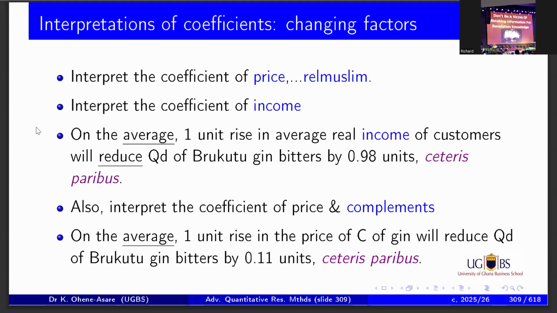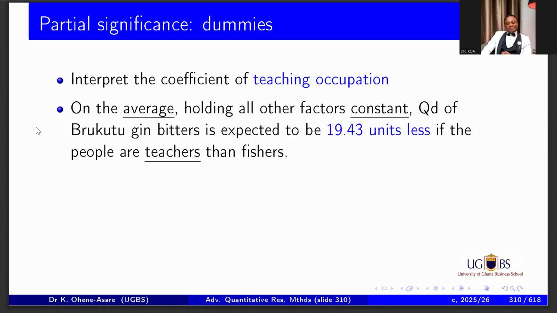You should learn how to interpret the difference between a numerical variable and a categorical variable. You should know the distinguishing difference between the two. And you should always identify all the elements, not just say that holding other factors constant.